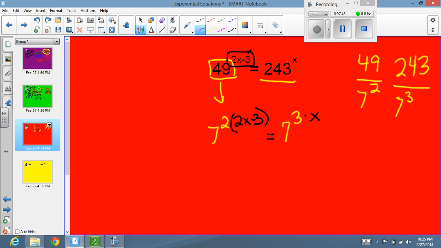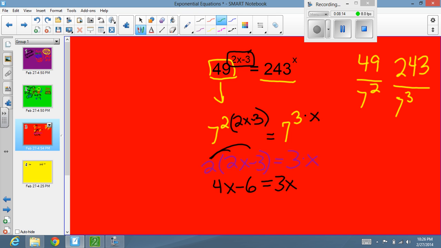So what I have here is 2 times 2x minus 3 equals 3 times x. Once you have common bases, you can use their exponents to set up an equation. So that leaves me with a little distributive property here, so I get 4x minus 6 equals 3x.